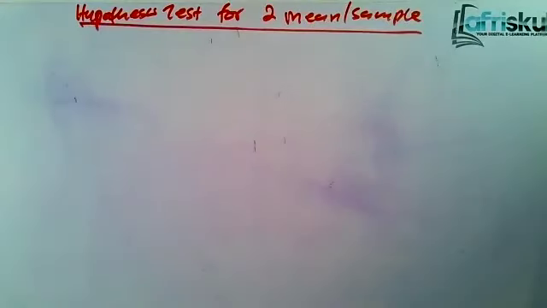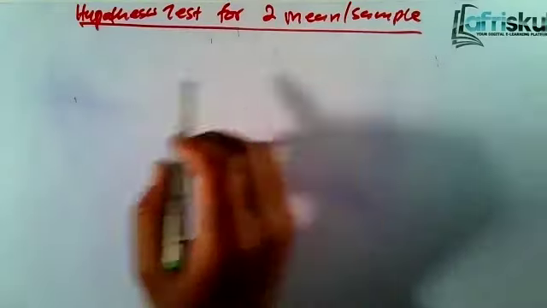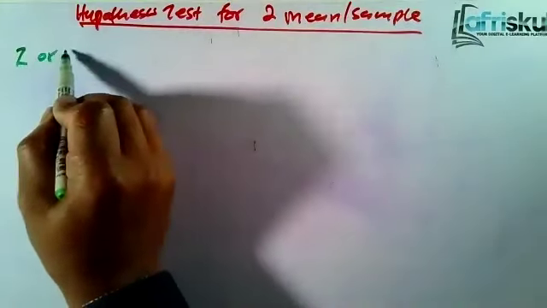When you talk about two samples, the steps are still the same. What changes is just the formula. This is how we get Z or T for two means.